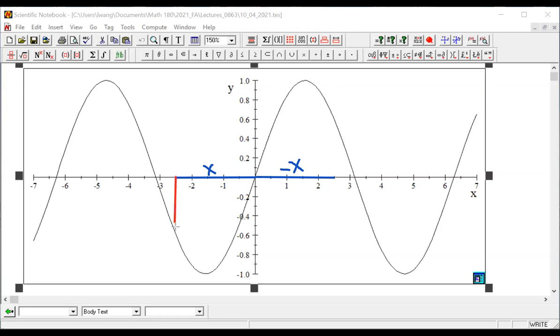The output, there's one here, and there's one there. That's the visual. So that's a sine curve.